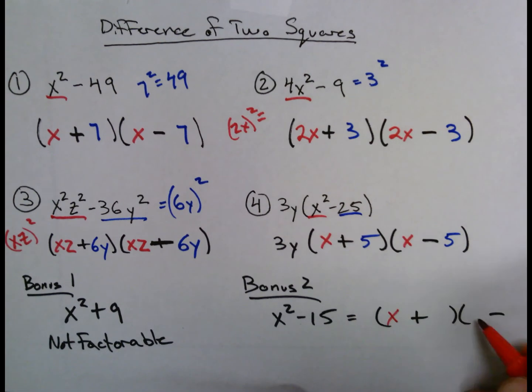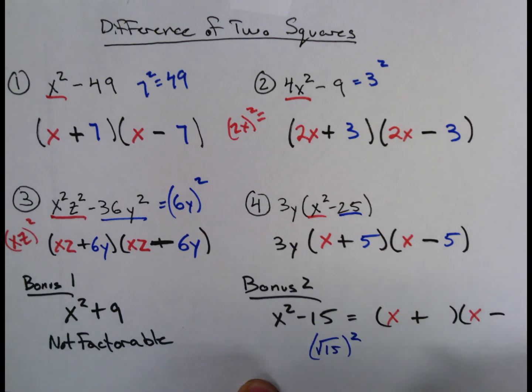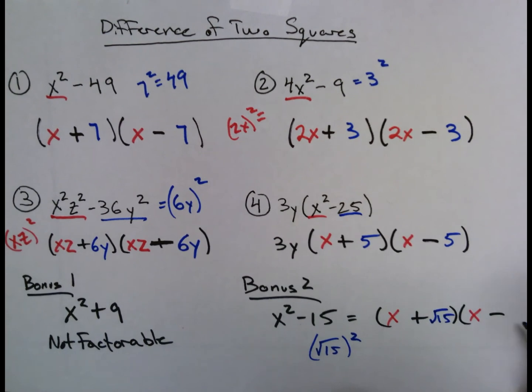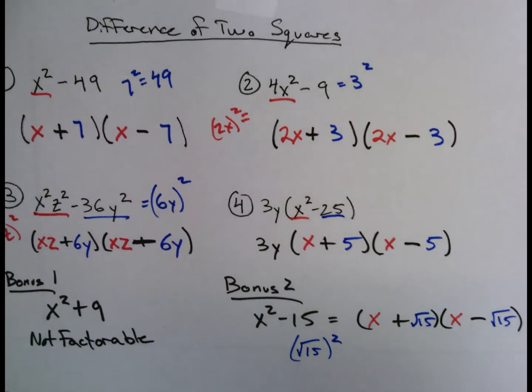So this would still be an x and an x, and you could say, well, square root of 15 quantity squared would get you 15, and so you could put the square root of 15 in each of these spots. We don't usually do that a lot or ever, but it is something that you could do if a problem asked you to do it at a certain time, or if you had to use it for a simplification problem. So just kind of an extra bonus there.